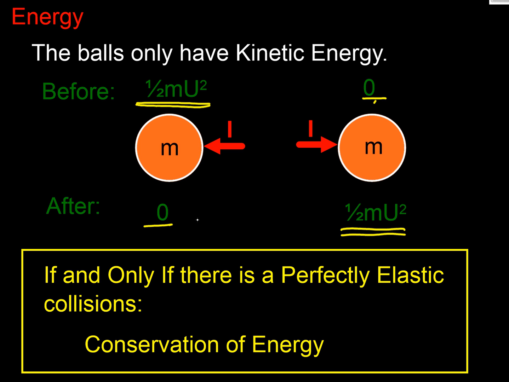So if and only if we have a perfectly elastic collision, we get conservation of energy as well. Half mu squared before, half mu squared afterwards. But that's the only situation.